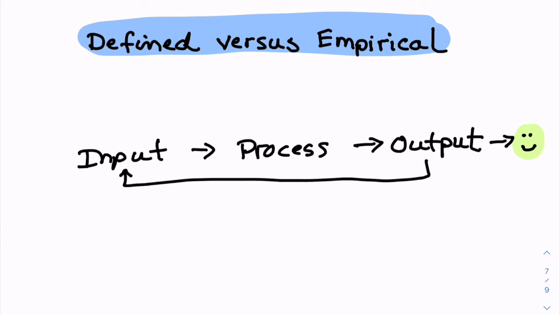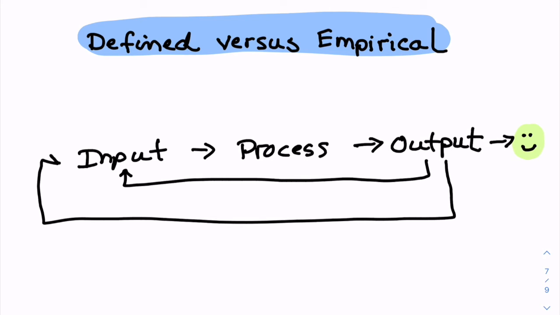Once we've accomplished that and we have a tangible output, we can get the customer's reaction to that. And if we're lucky, perhaps we produce something useful to the customer. Most of the time, however, what we produce could be better. And we use that feedback that we get from the customer to improve our understanding of what the customer needs, and we alter the input based on that feedback.